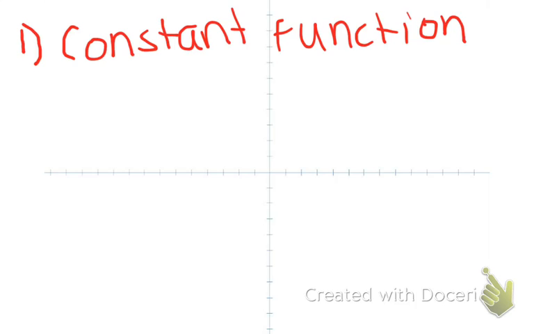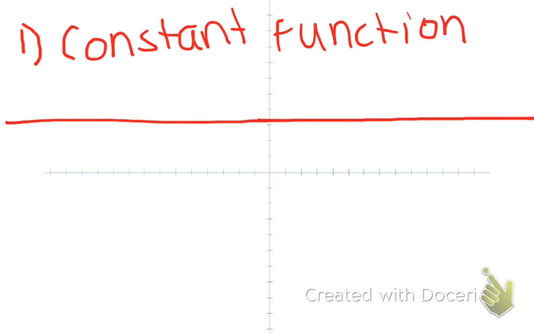So we can just go ahead and draw a constant function as simply this right here. You can go further, whatever, but this would be your constant function. And then this can be written as, obviously, f of x equals c. So that's our constant function right there.